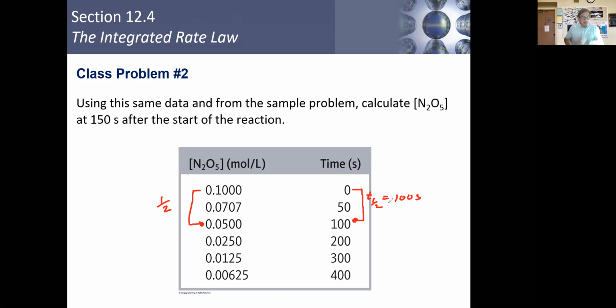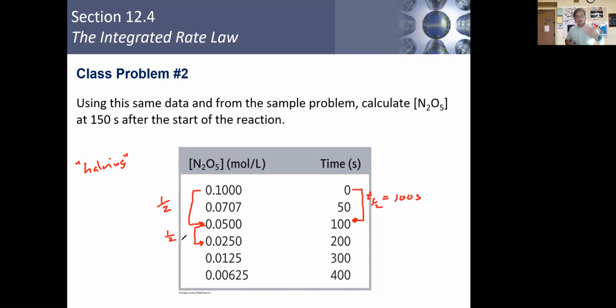Now let's take a look at the amount of time that it takes to take half of this. Another halving event. Not having, but halving. How much time does it take now for this to get cut in half? From here to here. Taking half of what's left over, we're again reducing it by a half.